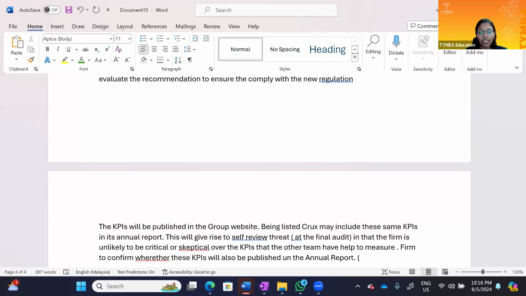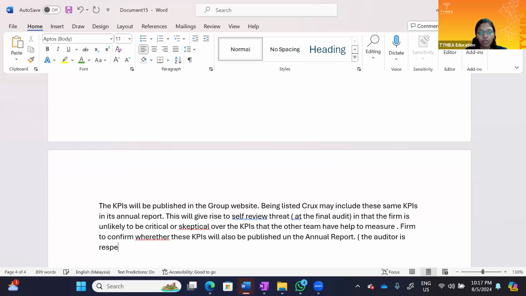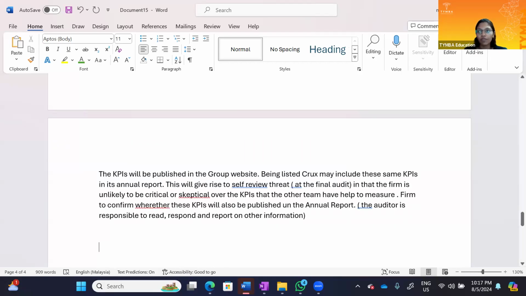So if they say yes, the auditor is responsible to read, respond, and report on other information. Because of that factor, because Crooks is listed, and also because of quality risk.